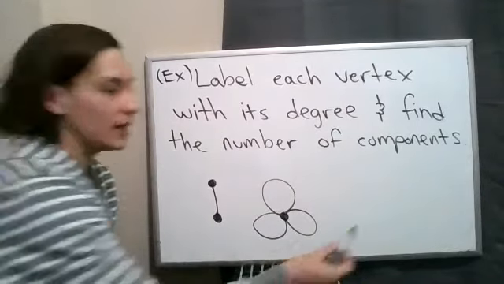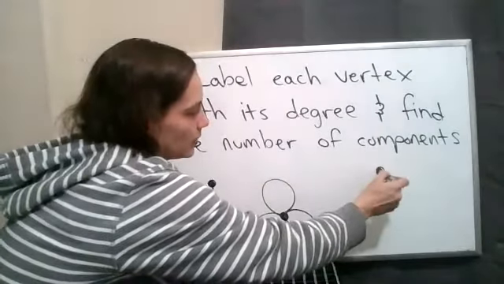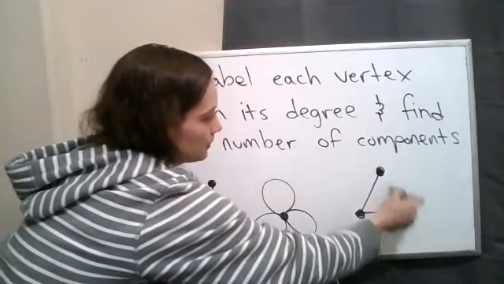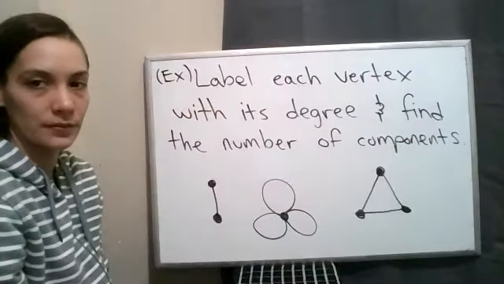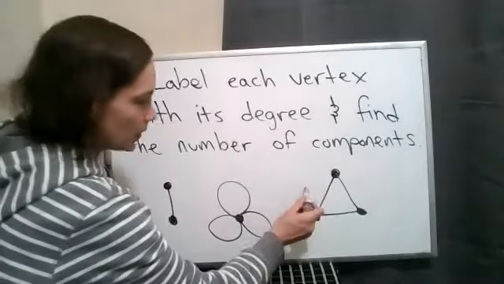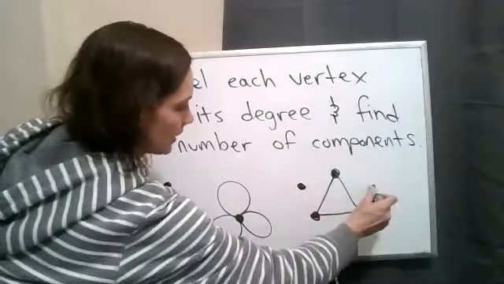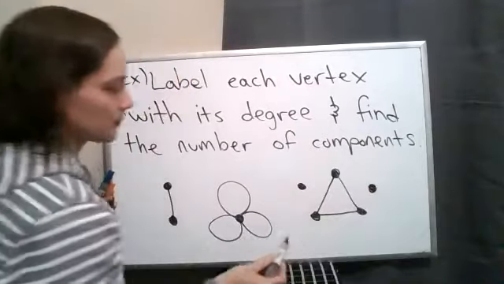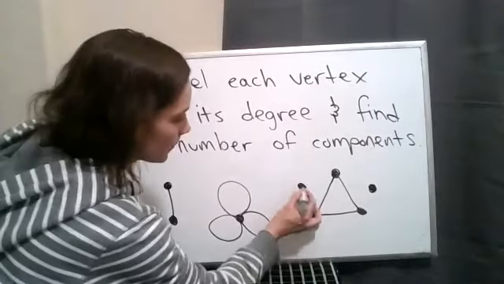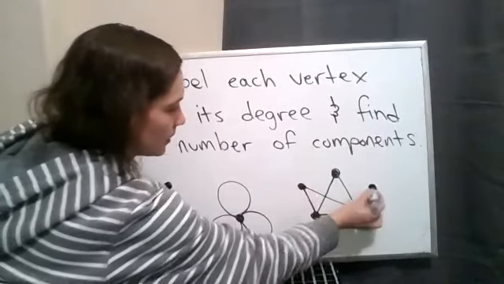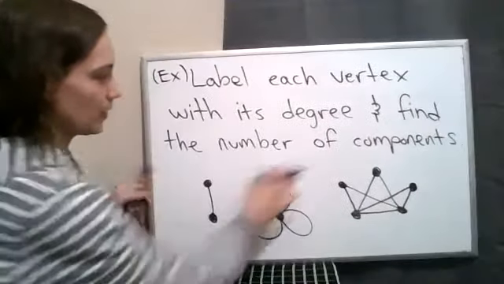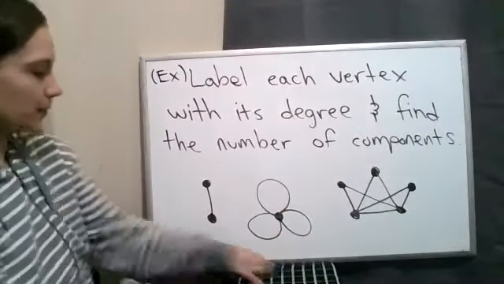Let's move over, draw a triangle. We're going to put 2 dots to the sides like this and connect to those bottom 2 vertices of the triangle, both of them. That's going to be it for the graph.